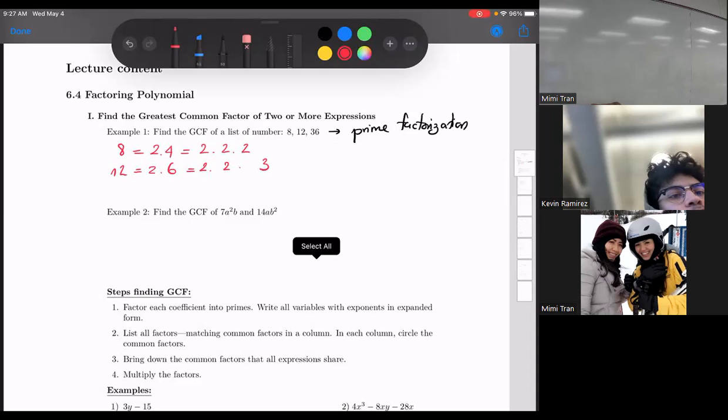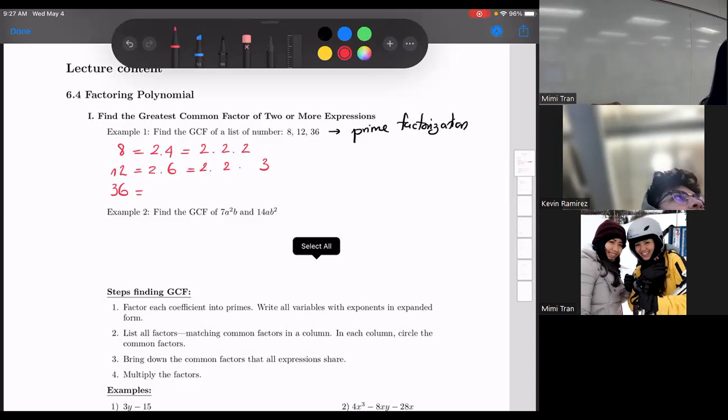Notice that I write things in matching columns. The 3, I don't put it under the last 2. I put it in the next column. I'll show you why. And then 36.